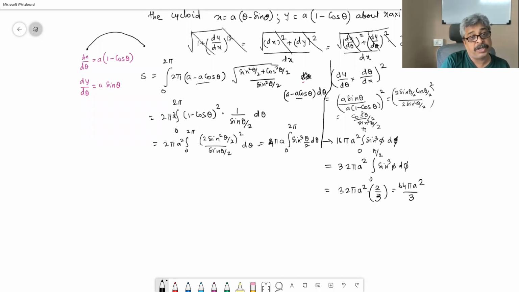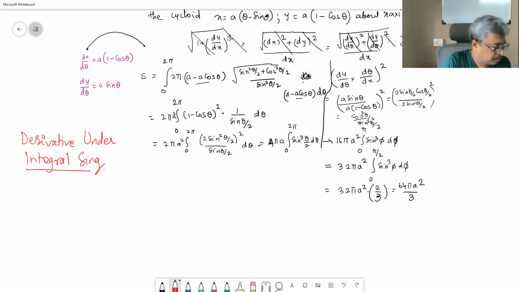And majority of the times you get the question on that, derivative under integral sign. Okay, so we will do it after the vacation, but before that I have some interesting things to do, which I will do now.